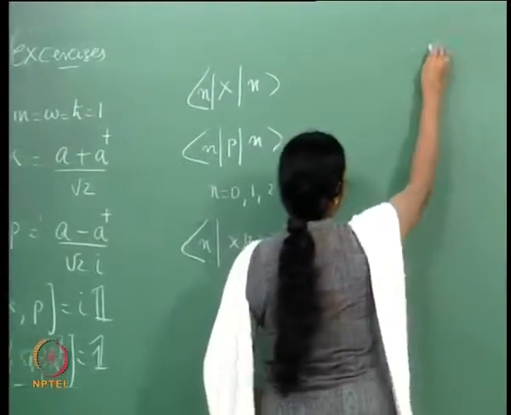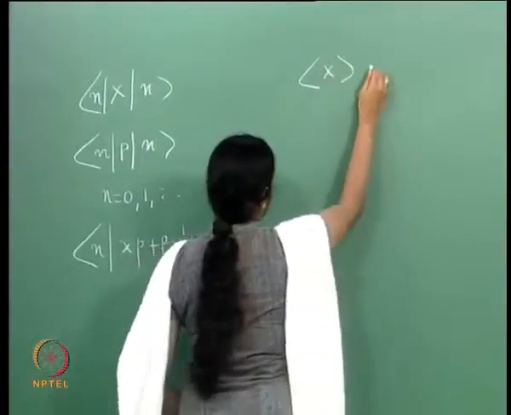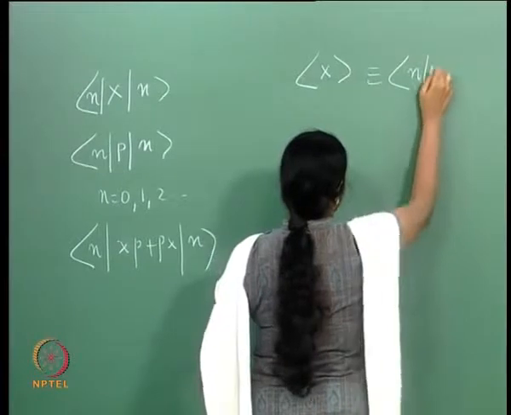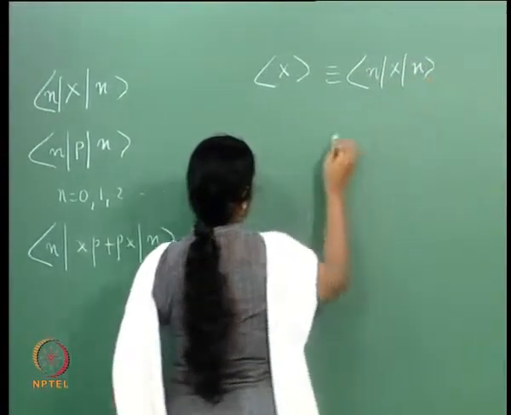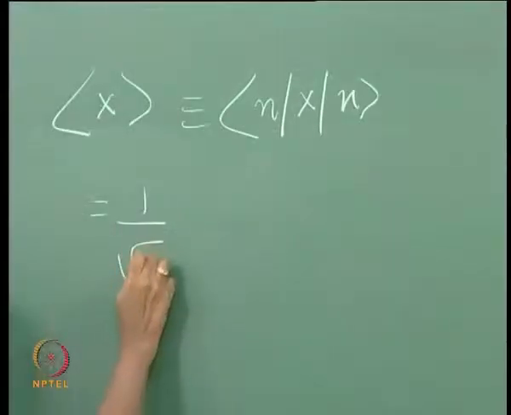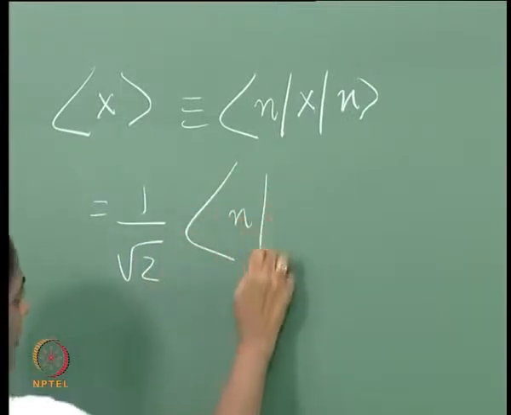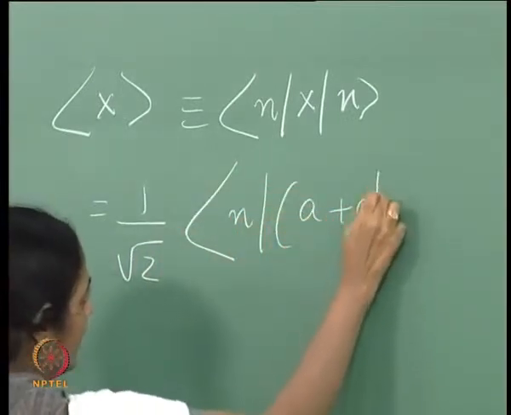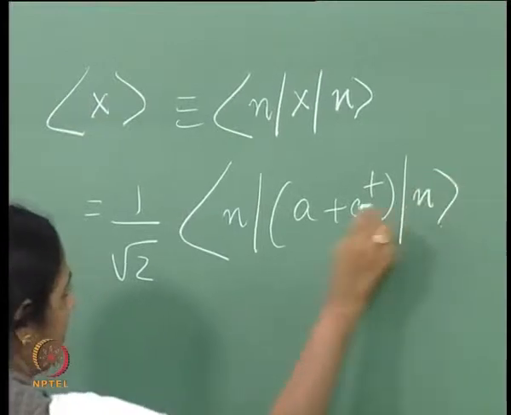So let us start with the expectation of x. This is identical to <n|x|n>, and that is equal to 1 by root 2 <n|(a plus a dagger)|n>.